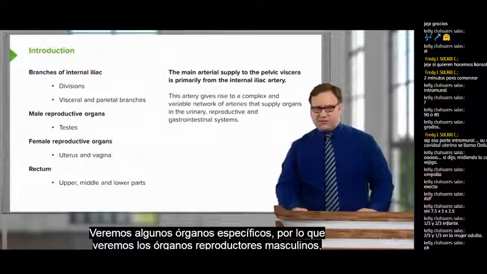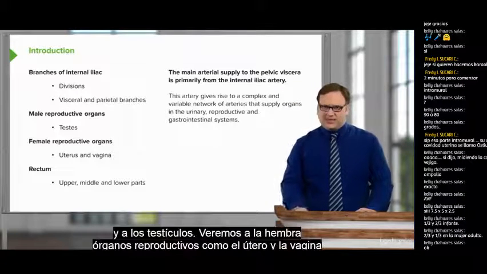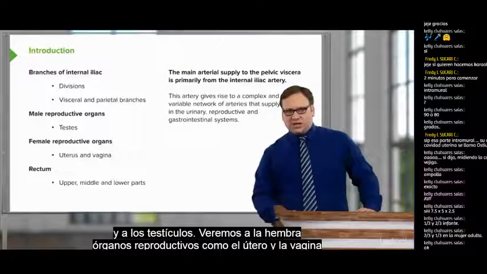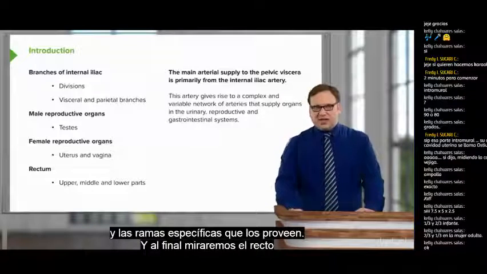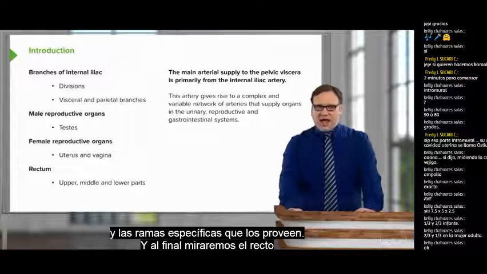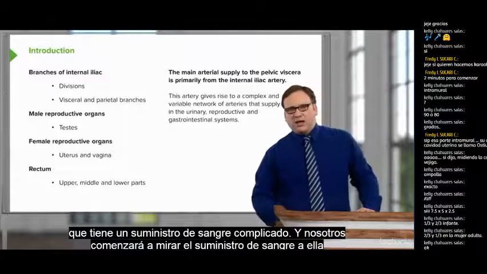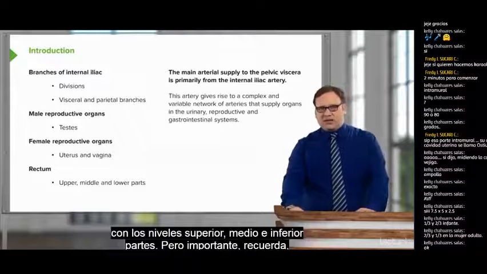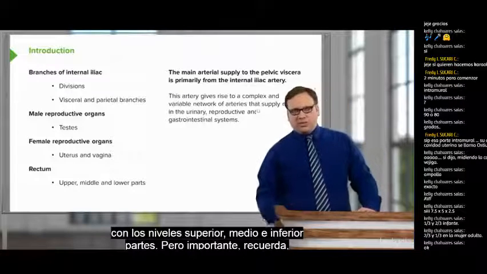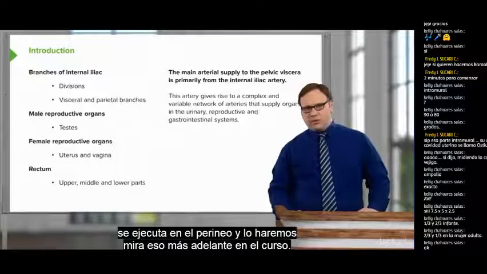We'll look at some specific organs, so we'll look at the male reproductive organs, including the testes. We'll look at the female reproductive organs like the uterus and the vagina and the specific branches that supply them. And then at the end, we'll look at the rectum, which has a complicated blood supply, and we'll start looking at the blood supply to it with the upper, middle and lower parts. But important, remember that the rectum also with the anus runs in the perineum, and we'll look at that later on in the course.